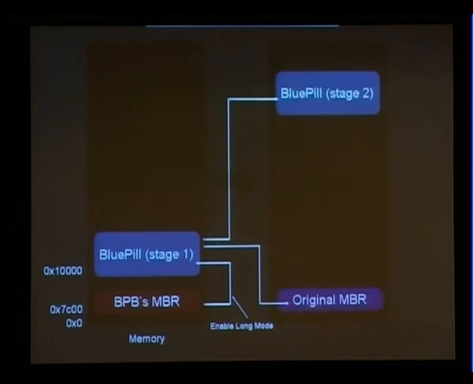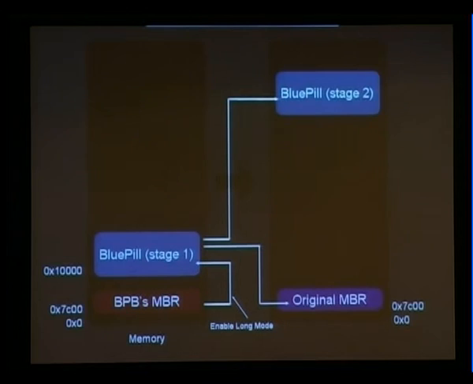So then Bluepill stage 1 receives execution, and it gets the map of the available memory using BIOS services, int 15 and the function E820.